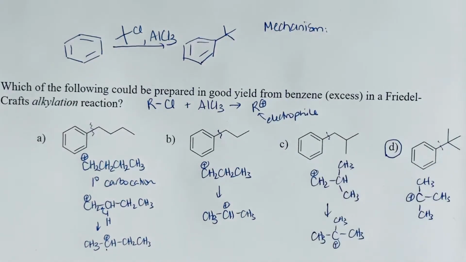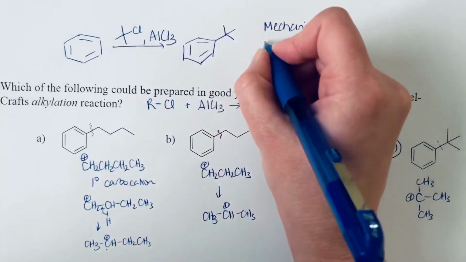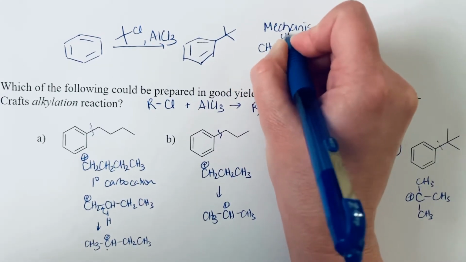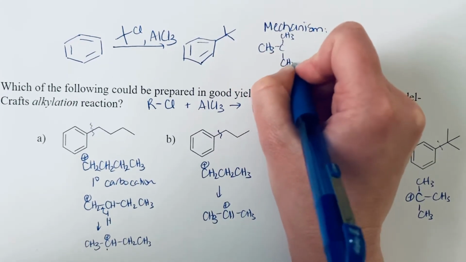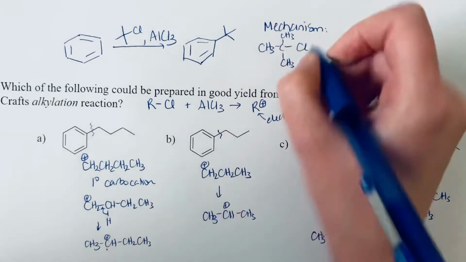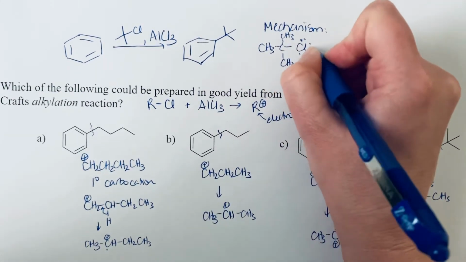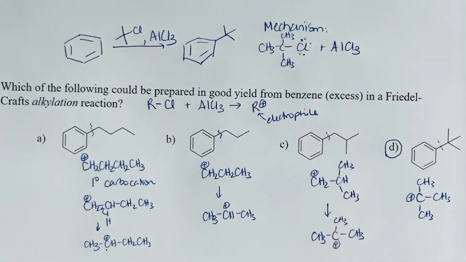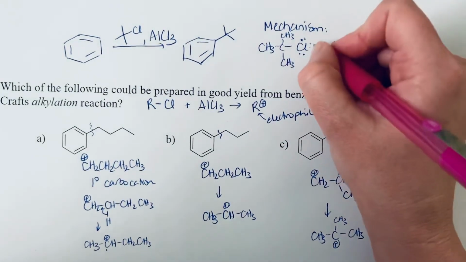So let's take a look at the mechanism for this reaction. The first step is going to be to generate that good electrophile, that carbocation that would be required. So you're going to have your halogen, this tert-butyl chloride. The halogen of that tert-butyl chloride is going to react with the Lewis acid catalyst, which is aluminum trichloride, in a Lewis acid-base reaction.